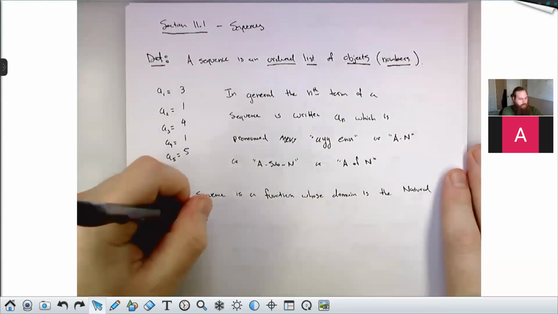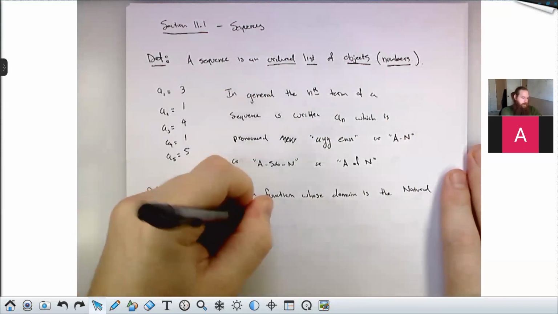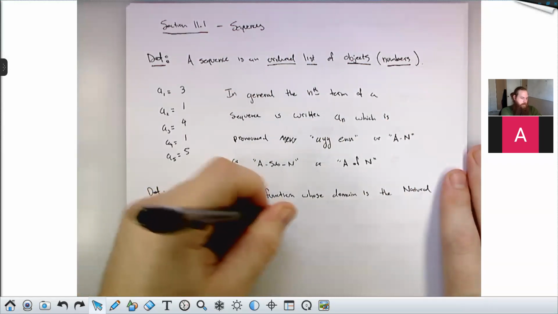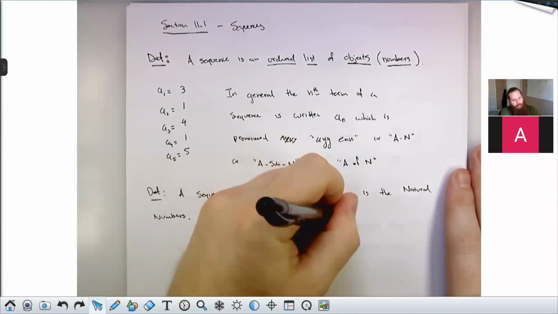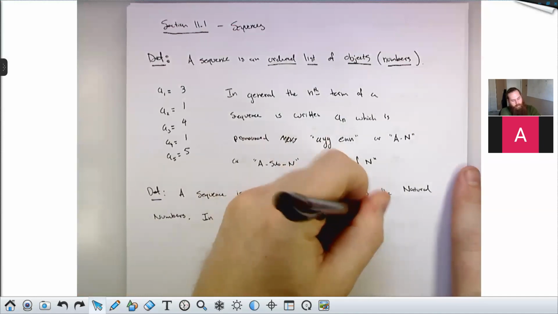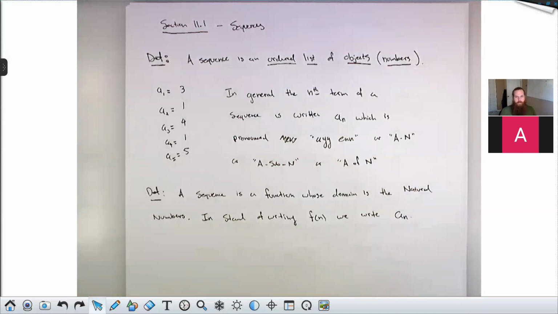Instead of writing f of n like this, we write a sub n like that, but that's the only difference, the notation.